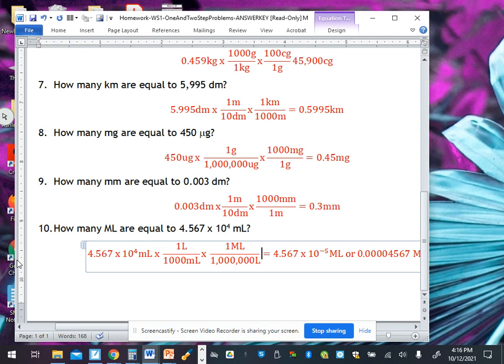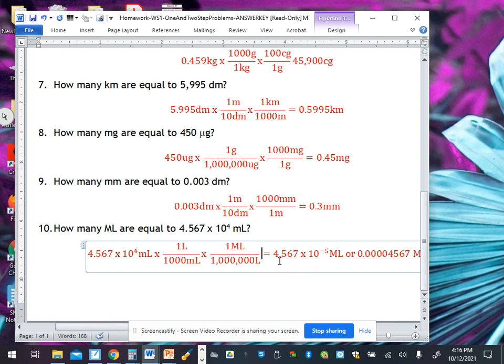Now 10 was going from one extreme here, megaliters. It wants us to get to it from milliliters. So 4.567 times 10 to the fourth milliliters. So that would have been 45,670 milliliters to start with if you did that instead of the scientific notation. And then you're going to divide that by 1,000 times a million.